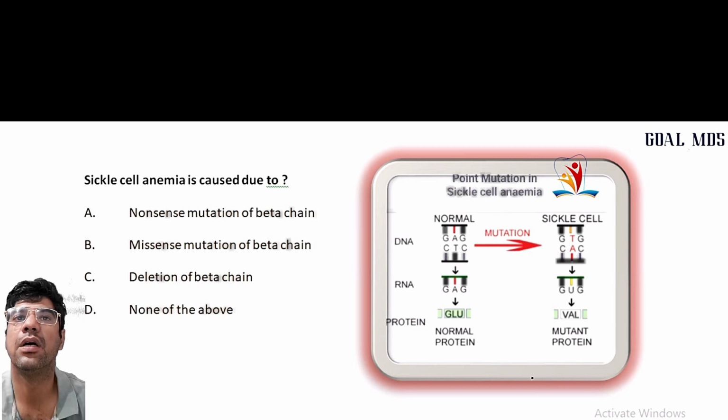Moving to the next, sickle cell anemia. It is a point mutation in the beta globin gene that leads to a missense mutation. Specifically, it involves the substitution of adenine for thymine in the 6th codon of the beta chain that results in abnormal hemoglobin.